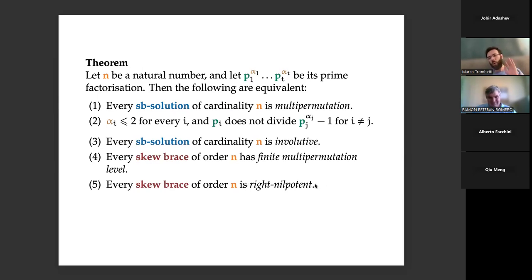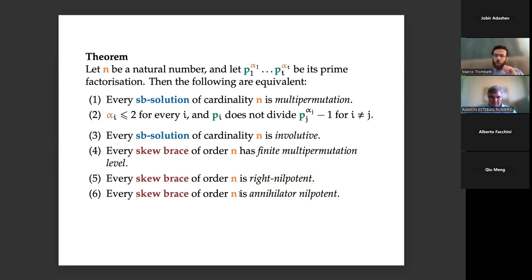I will not go into details of the meaning of right nilpotent, but you can think of it as finite multi-permutational level without the nilpotency of the additive group. It is not that important to give the precise definition.